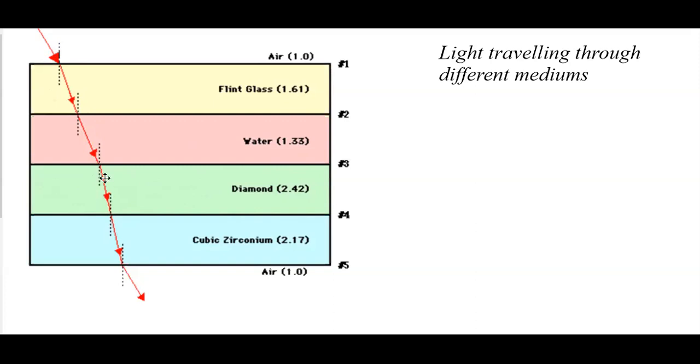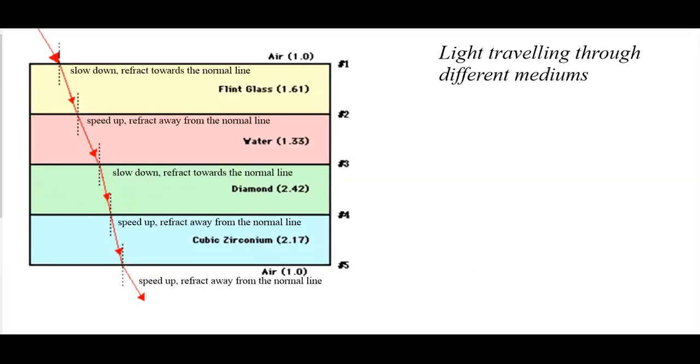Therefore, our refracted angle between water and diamond is really, really small compared to my incident angle, and so on and so forth. In the end, I go back into air, and you'll notice the large difference between cubic zirconia versus air. You will see a difference between the incident angle and the refracted angle. Air is a lot less dense than the cubic zirconia, so therefore it's going to really bend away.